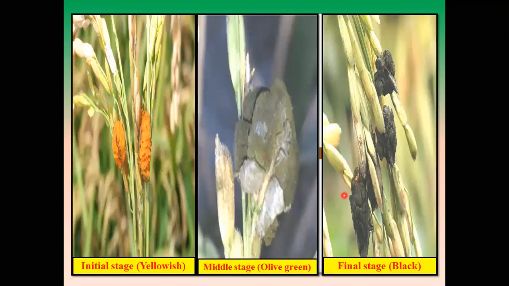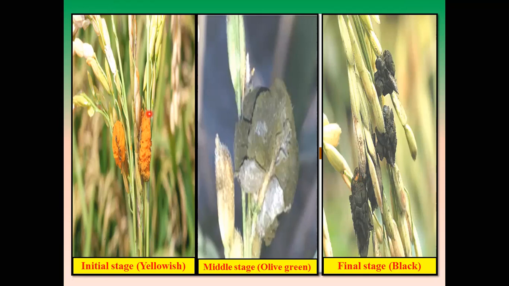Okay, so you see the infected panicle or infected spikelets of the rice plant. So this infected grain is totally transformed into a large smut ball.